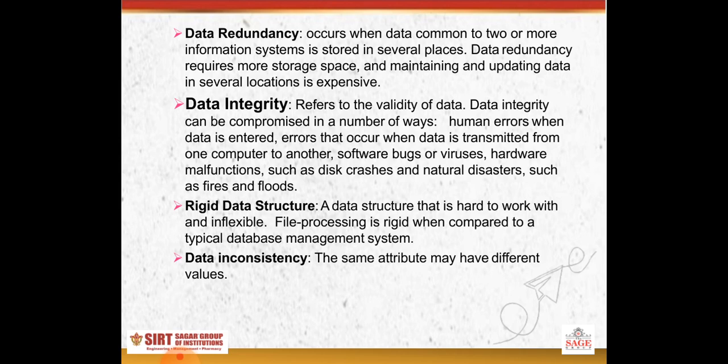It can be compromised in a number of ways: human error when data is entered, errors that occur when data is transmitted from one computer to another, software bugs or viruses, hardware malfunctions such as disk crashes, and natural disasters. Data inconsistency: the same attribute may have different values, so it comes under data inconsistency.